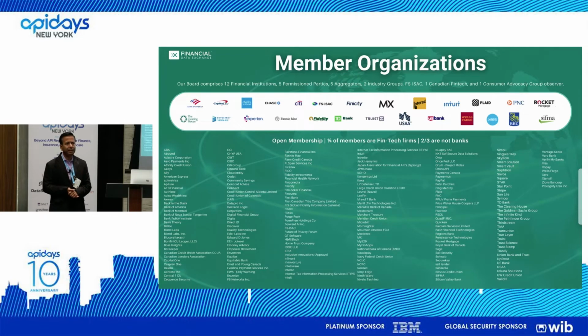It is a very broad-based organization with 206 members and growing. Two-thirds of the members are not banks. However, the governing structure is balanced between the FIs and non-FIs to ensure the standards that are being created have an equal weighting to all parts of the ecosystem.